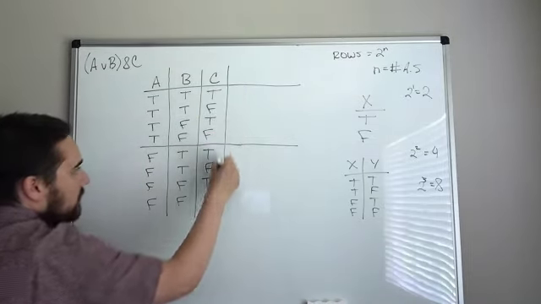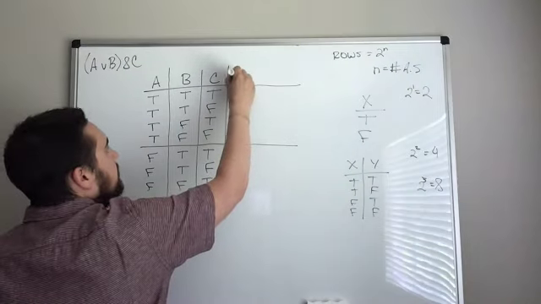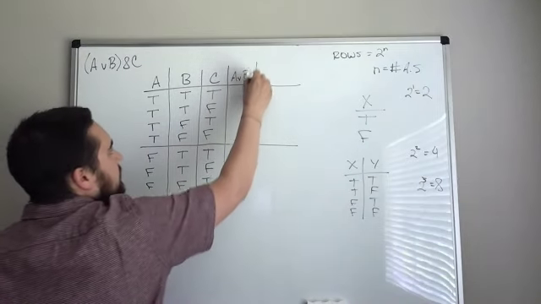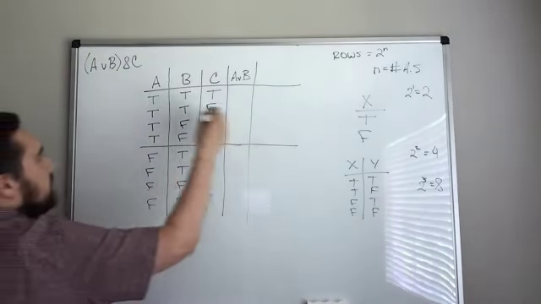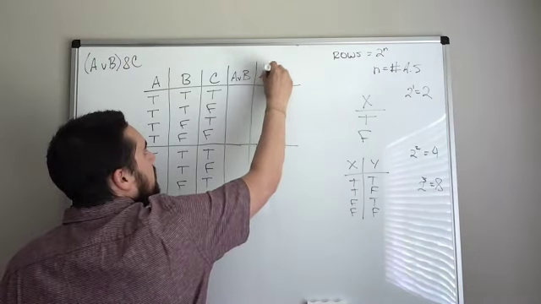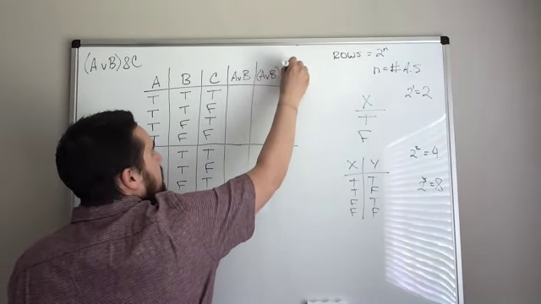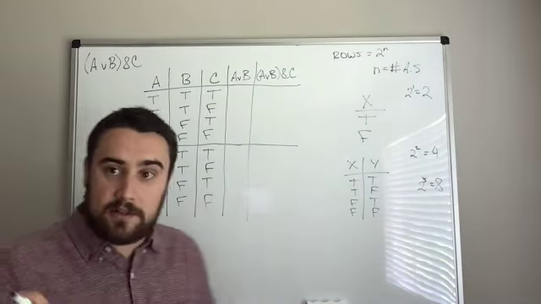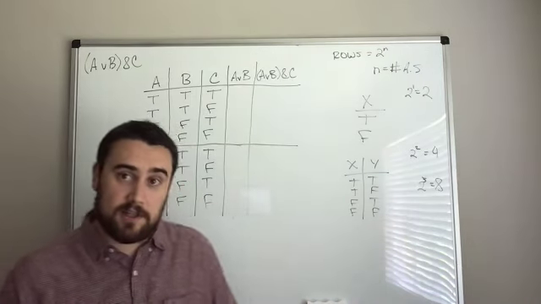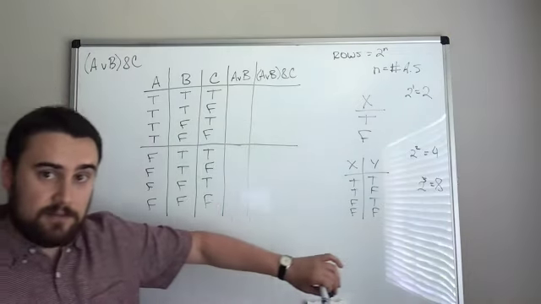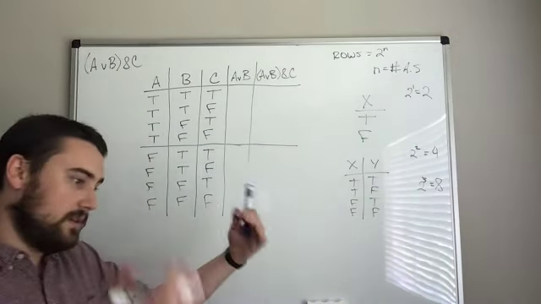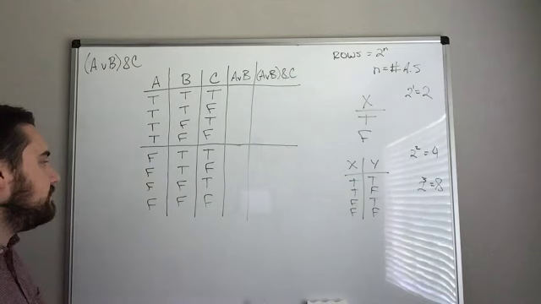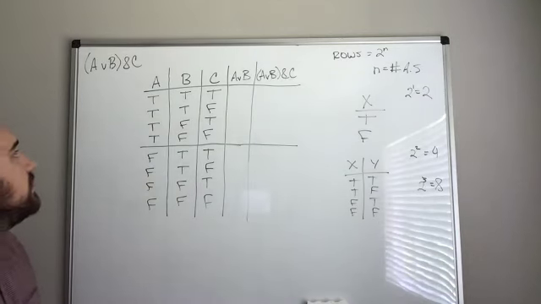So we need A or B, and then we need A or B and C. Also, let me take this opportunity to tell you, please take a look at the lecture notes, because I laid this out in the lecture notes with these tables.